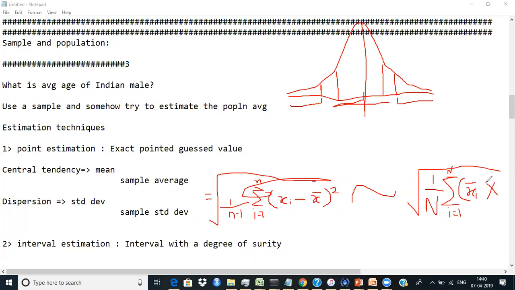Now, what is capital X bar? The population mean, right? To the power 2. This is what it means.